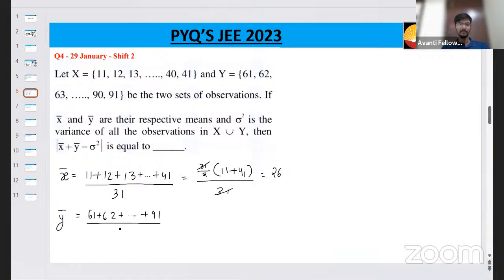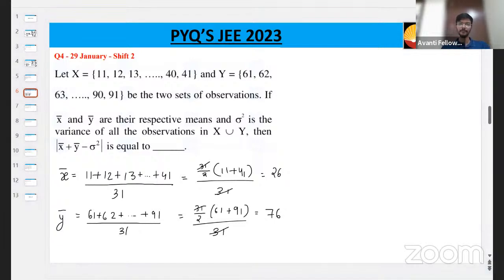Again, these are 31 terms. So it will be 31 by 2 into 61 plus 91 upon 31. This got cancelled. 152 by 2, 76, I think. Am I correct? Yes.